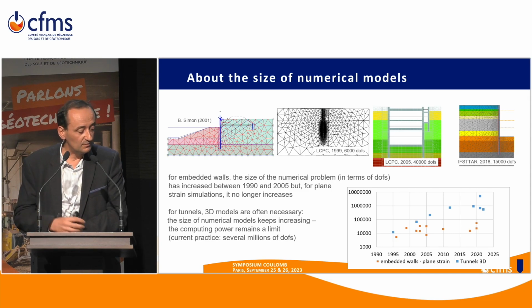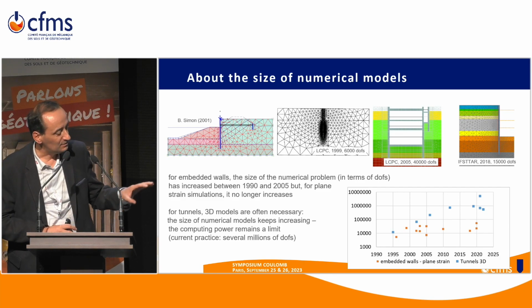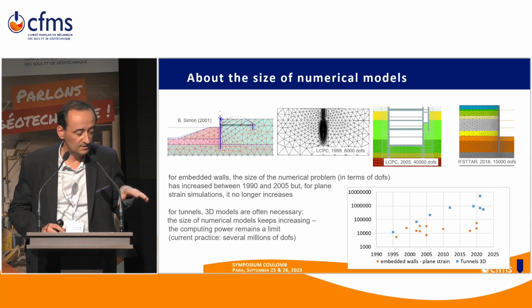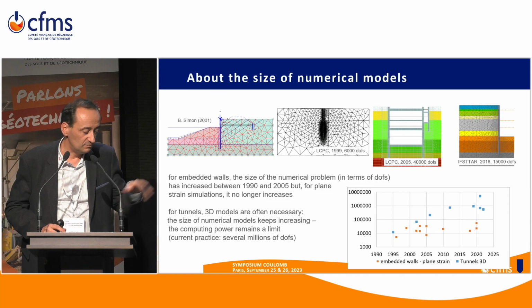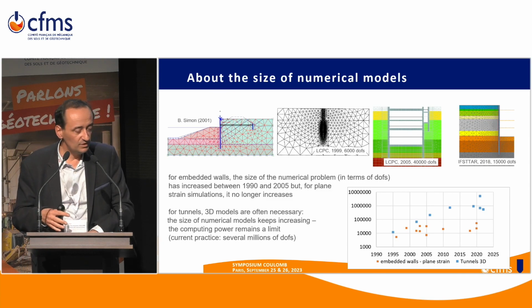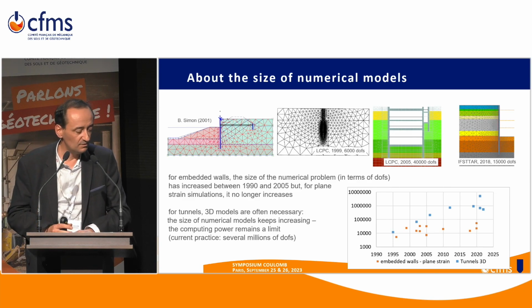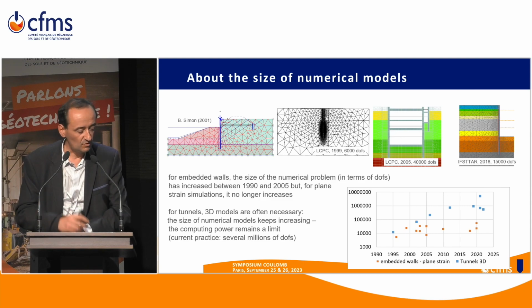And I have given a few more recent examples, but as you can see, as long as we remain in the plane strain assumption, well, there is no reason to go beyond 40 or 50,000 degrees of freedom, which means that we feel at ease. The picture on the right and the bottom showed that there was an increase in the size of the problems up to 2010, but now we don't feel it necessary to increase the size of our models. We feel comfortable and the simulations run rather rapidly.